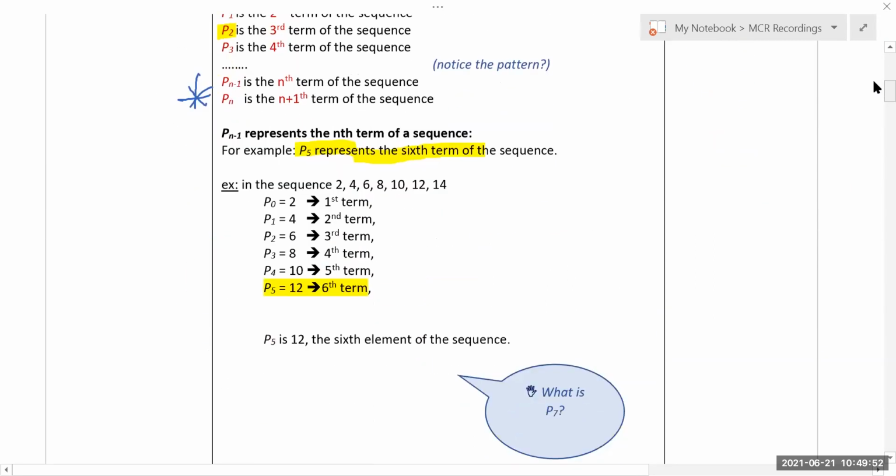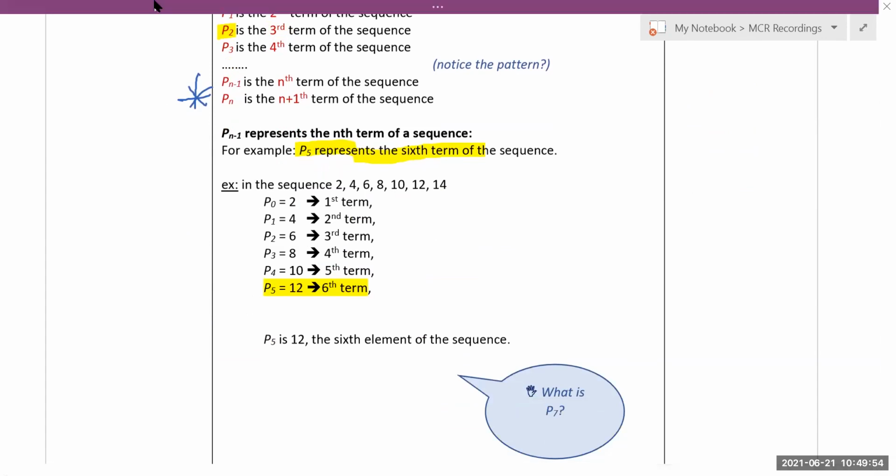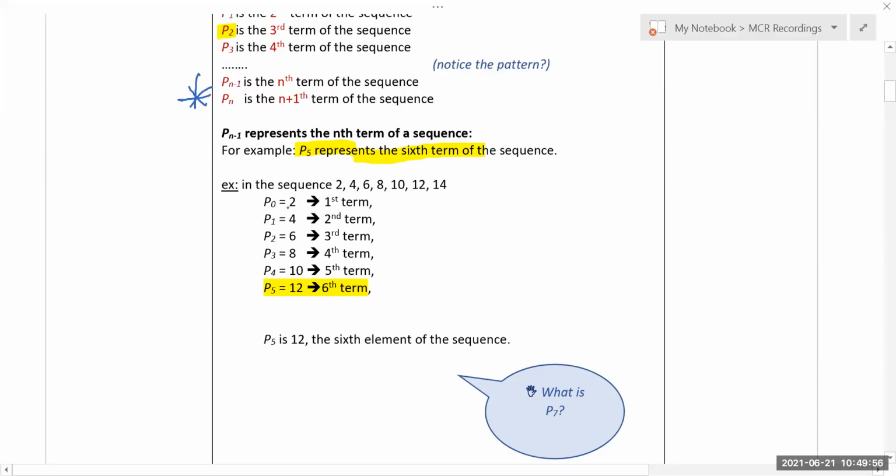If I have this sequence, 2, 4, 6, 8, we're counting by 2s. The initial value, the P0, is the 2. That's the first term. And P0 is also called the initial value. And then you go from there. P1, P2, P3, P4, P5, P6.